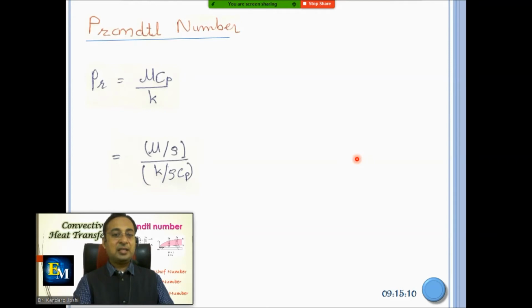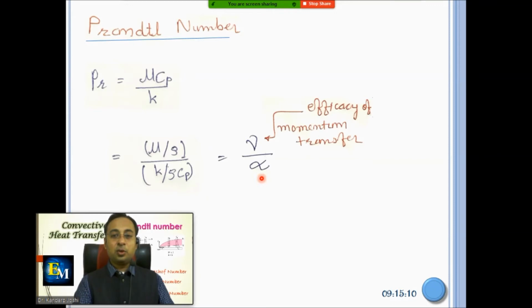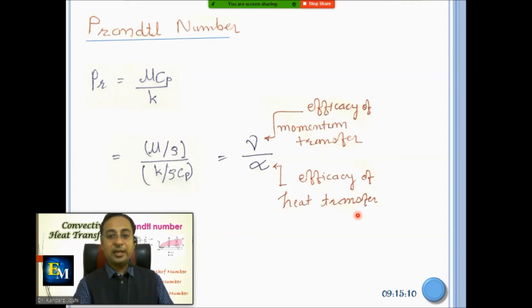If we rearrange the terms, it is mu by rho, which is the nu, the kinematic viscosity, and K by rho Cp, which is alpha, the thermal diffusivity. You have learned the thermal diffusivity alpha in the lecture on conduction, right? So here Prandtl number is the ratio of efficacy of momentum transfer to the efficacy of heat transfer.